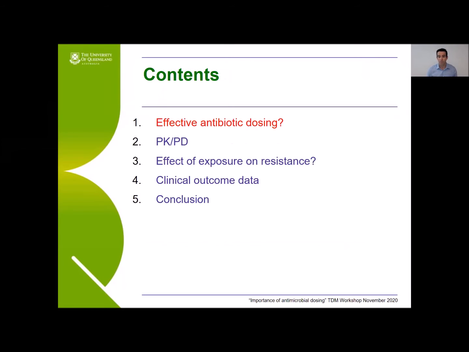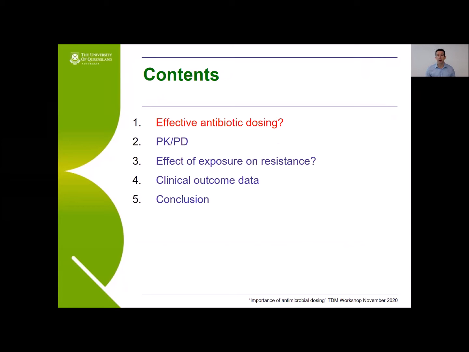So the contents of what I'll be talking through in about the next 20 minutes is to discuss why effective antibiotic dosing is important, and obviously we don't need to spend too much time on that because all of the participants here will be fully aware of most of those issues. Then to talk about PK/PD, the effect of exposure on emergence of resistance, some clinical outcome data, and then of course some conclusions.